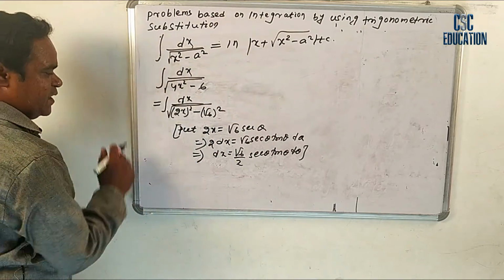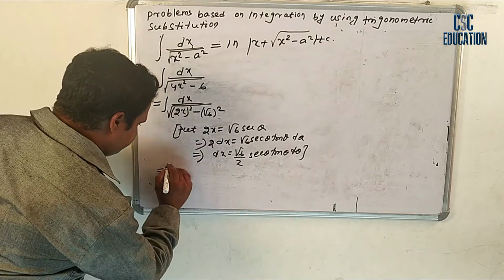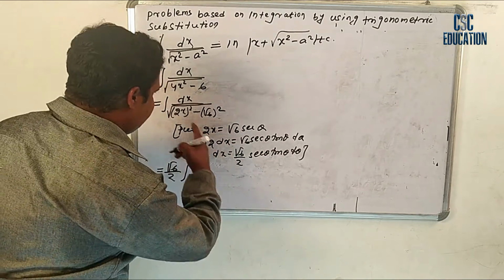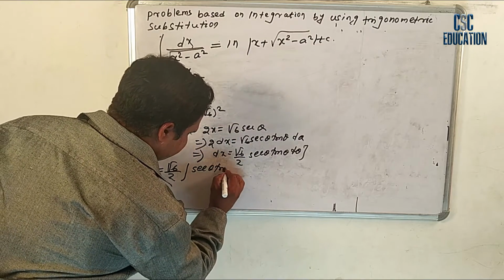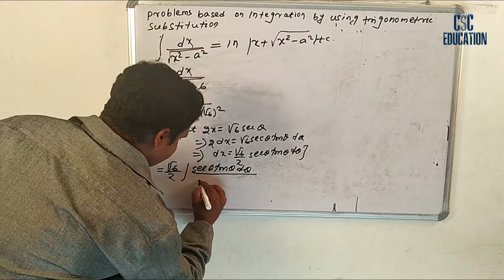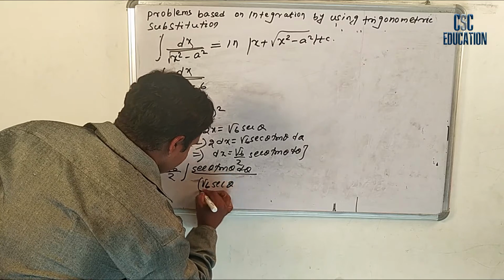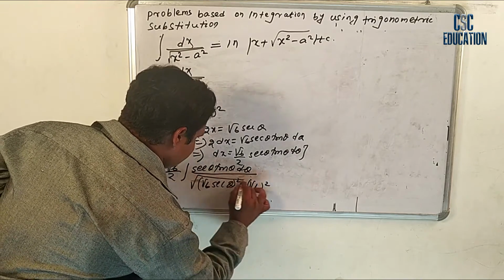Substitute this value in this part. So the value is now converted, with the constant factor root 6 by 2 first taken out, to the integration of sec theta tan theta d theta, whole divided by the square root of (root 6 sec theta) whole square minus (root 6) whole square.